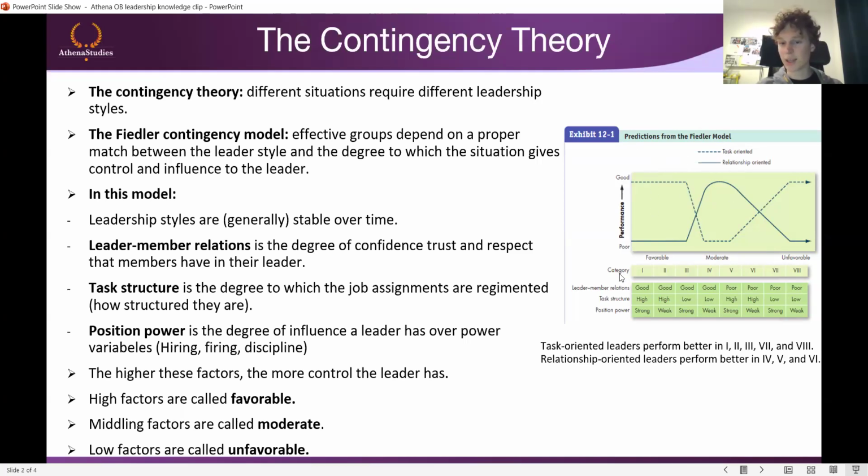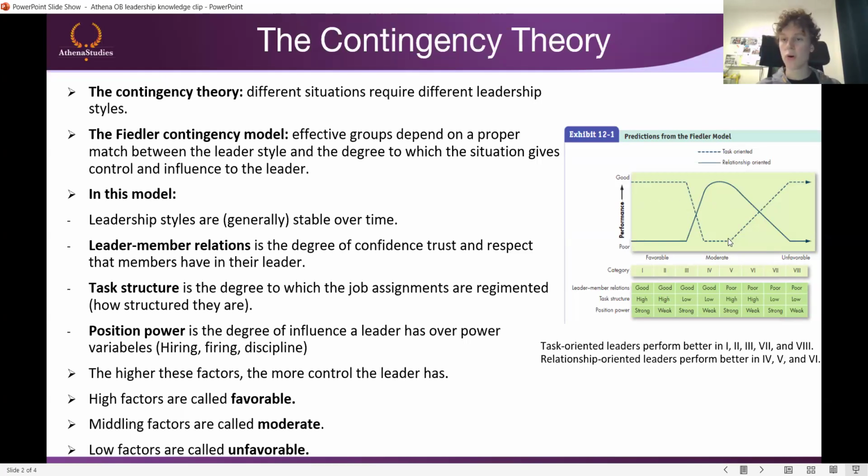So we can say that in these specific situations, 1, 2, and 3, with good leader-member relations, high task structure, and good position power, task-oriented is simply a better leadership style.